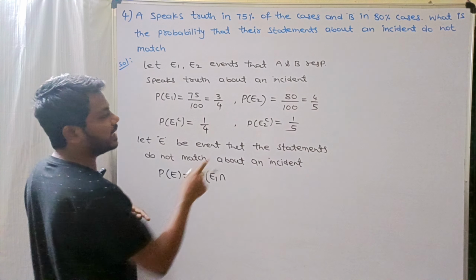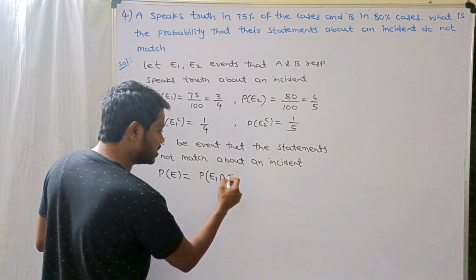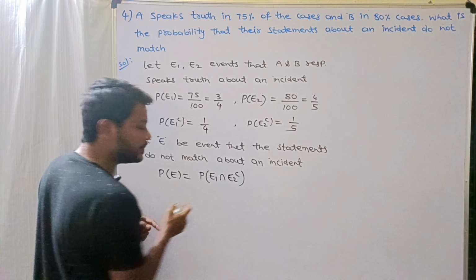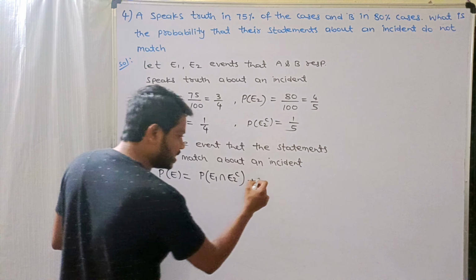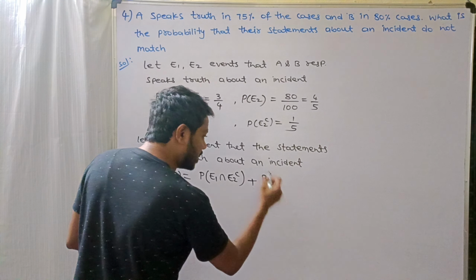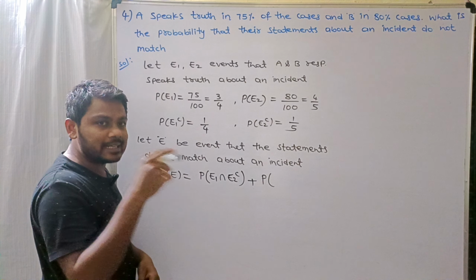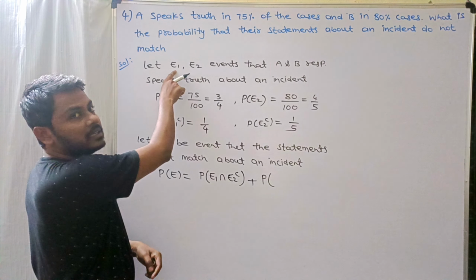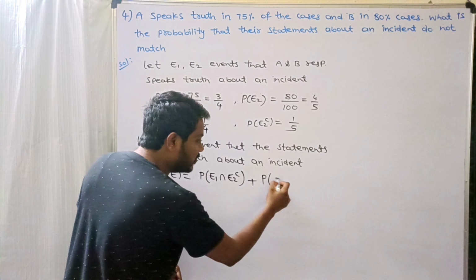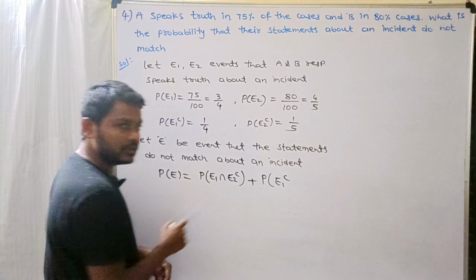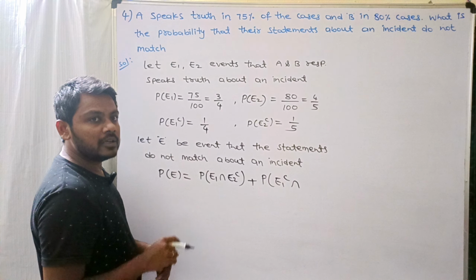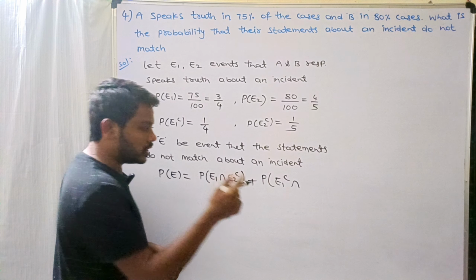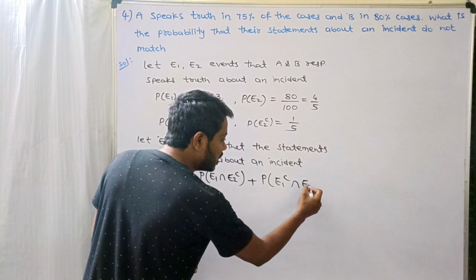So lie means we can take a complement, that is E2 complement, plus one more possibility, that is probability of A tells lie, that is E1 complement, and B speaks truth, that is E2.